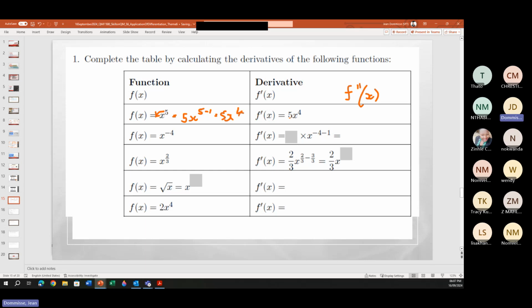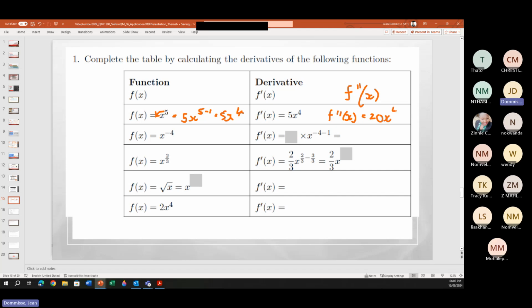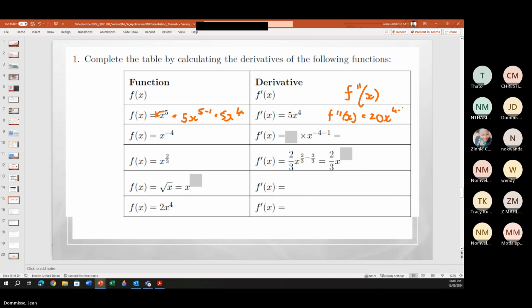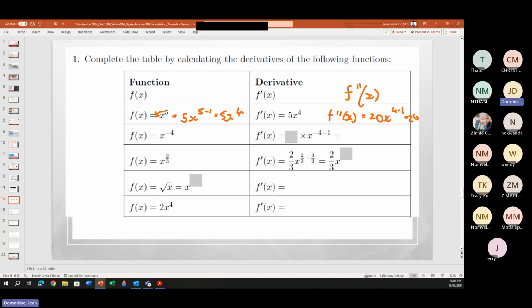If we needed to work out the second derivative, we just follow the same process. So 4 times 5 is 20, x to the power of 4 minus 1. So your second derivative would have been 20x to the power of 3.